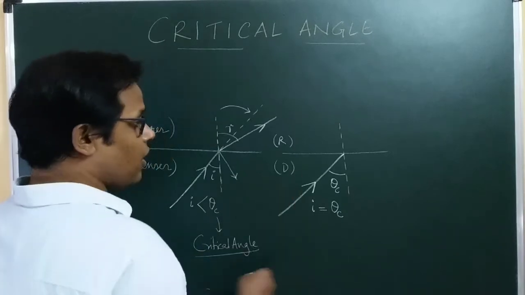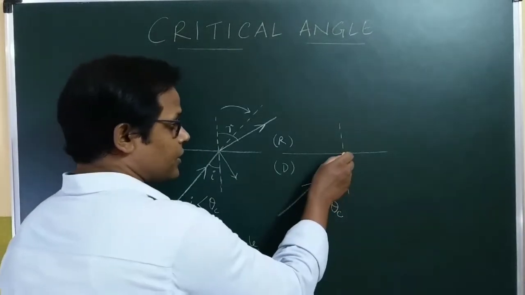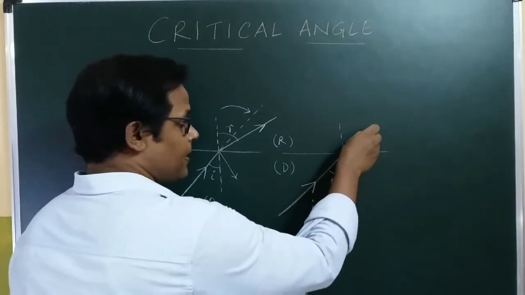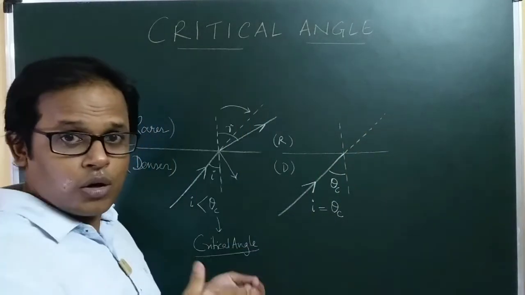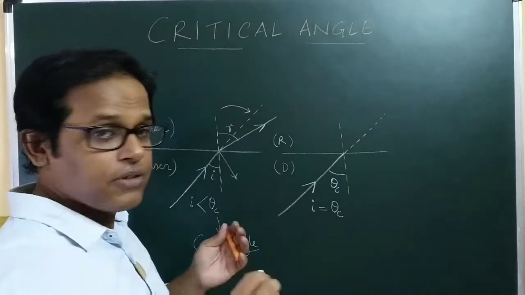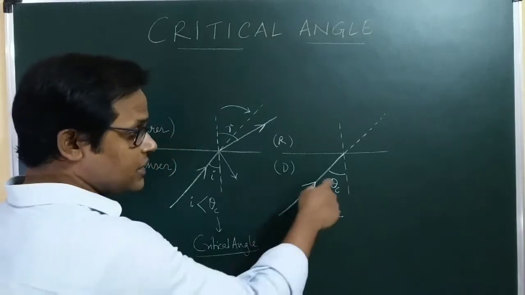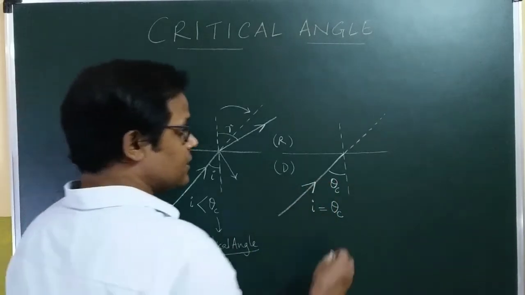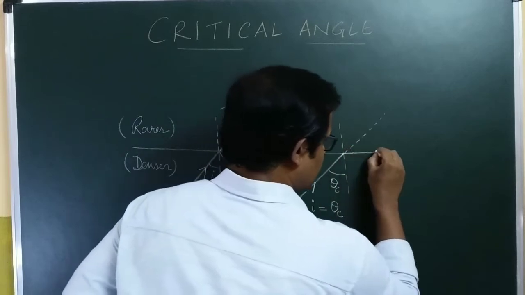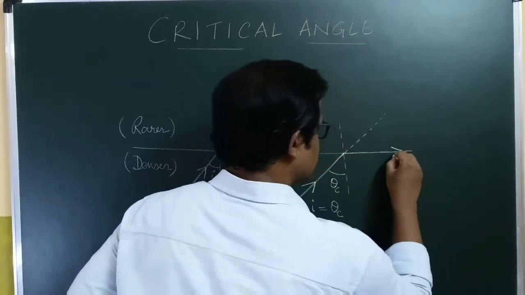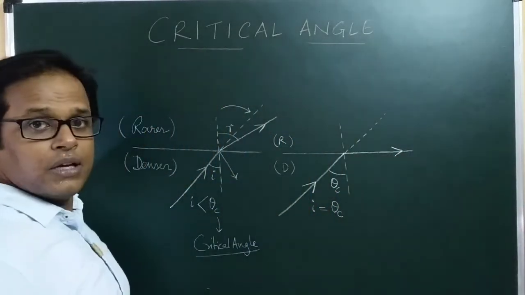Now for this angle of incidence, this is our reference line. We might prefer that the ray should have gone straighter, but it never happens so. For the critical angle of incidence, if it is truly the critical angle, then the refracted ray doesn't appear in the rarer medium.